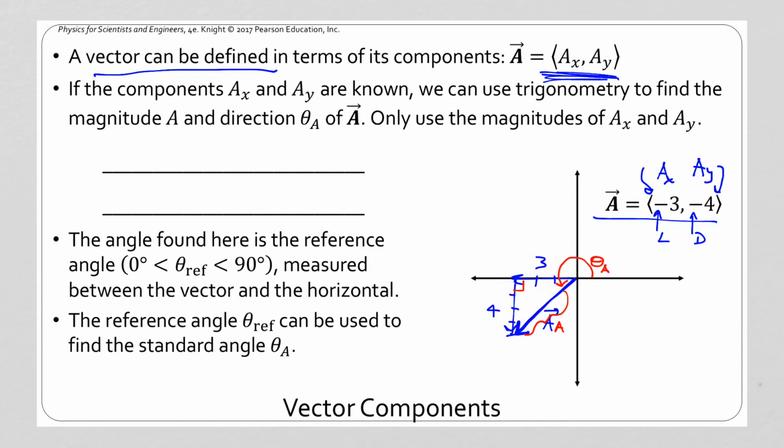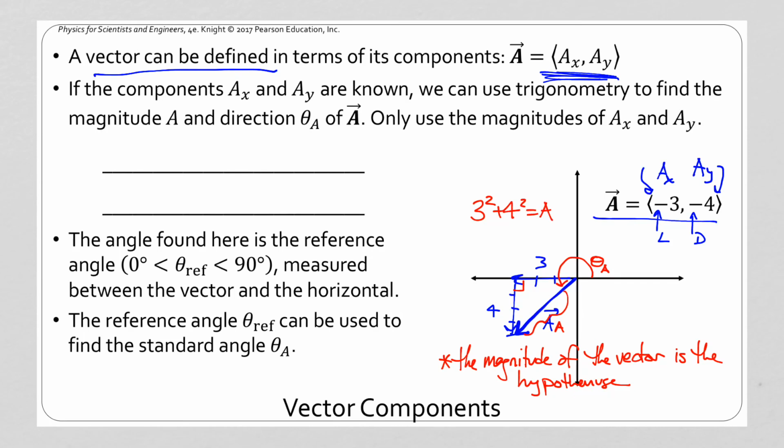The magnitude is the hypotenuse, and I can find the length of the hypotenuse using the Pythagorean theorem. In this case, 3 squared plus 4 squared would equal A squared, or more generally speaking, A, the magnitude of vector A, would be the square root of the sum of the squares of my x and y components.